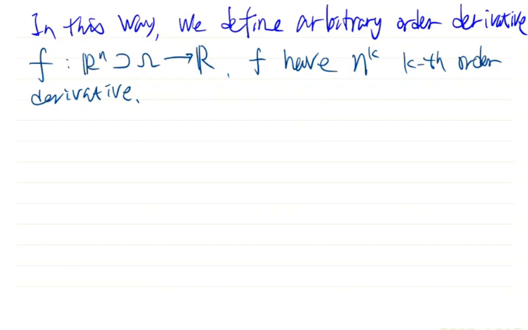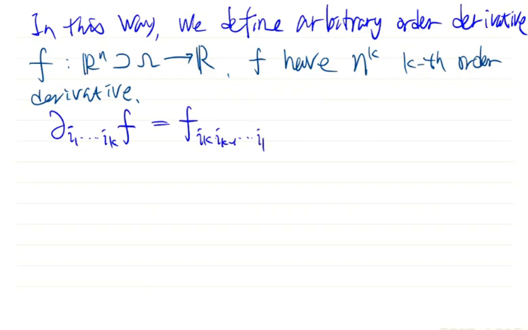A typical one is d i1 ... ik f, or you can write F ik ... i1.